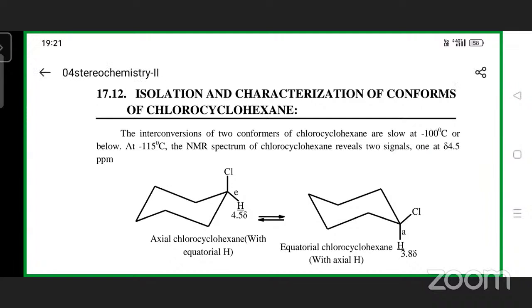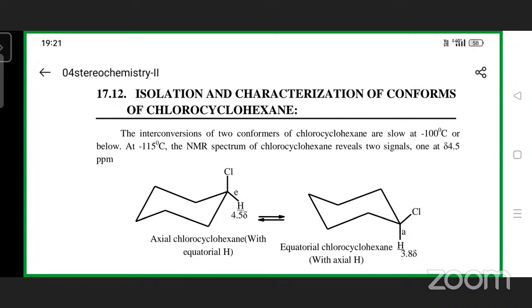There are two conformers possible: when the chlorine is equatorial, equatorial chlorocyclohexane, and when it is axial, axial chlorocyclohexane. When you record the proton NMR spectra at different temperatures, like minus 100 or minus 115 degrees Celsius, the spectra give different chemical shift values.